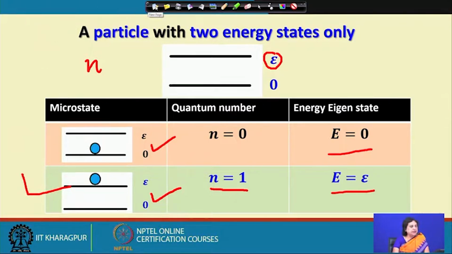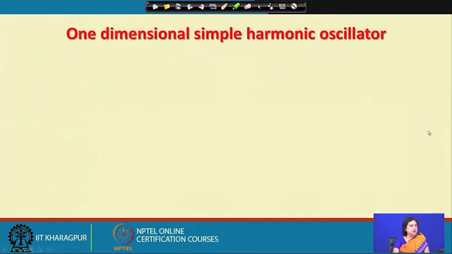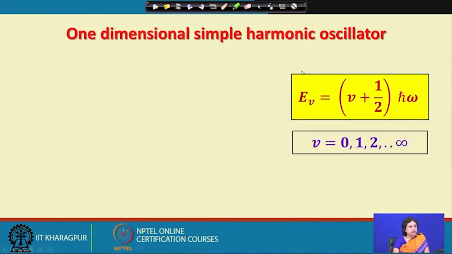Now, let us once again see some more examples so that we understand how the quantum numbers are being used to define the microscopic state of a system. So, now we take up this one dimensional simple harmonic oscillator.